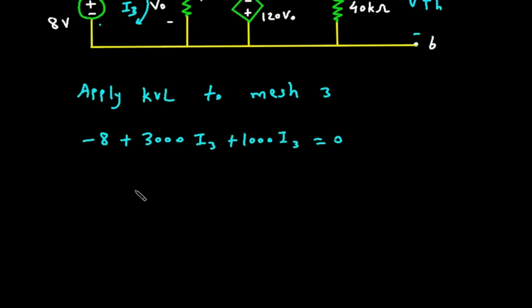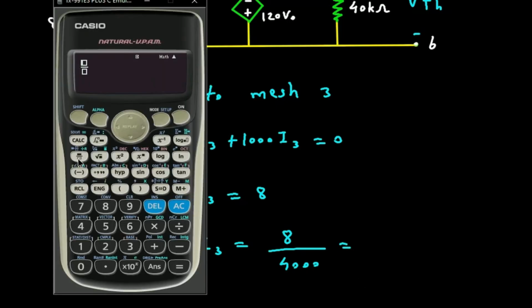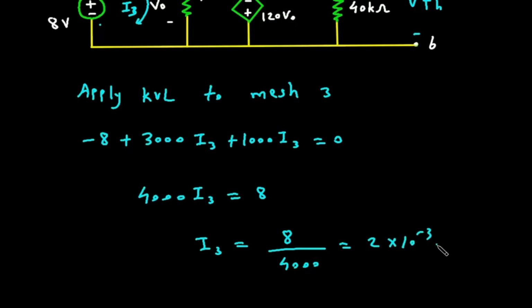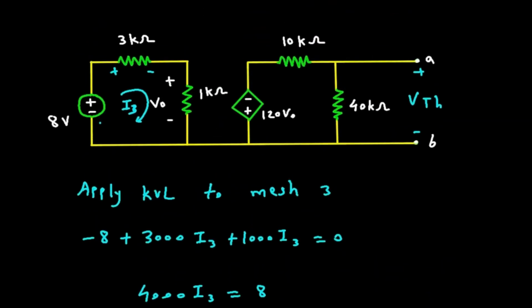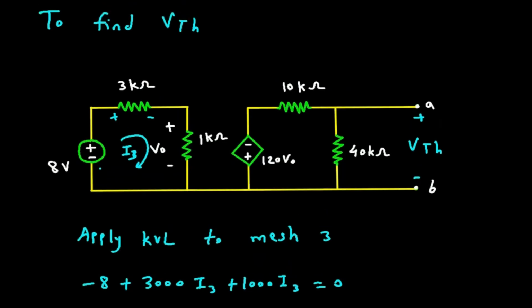So 3000 plus 1000 is 4000 I3 is equal to 8. Therefore, I3 is equal to 8 by 4000. So 8 by 4000 is 2 into 10 raised to the power minus 3 ampere. This is the value of I3.